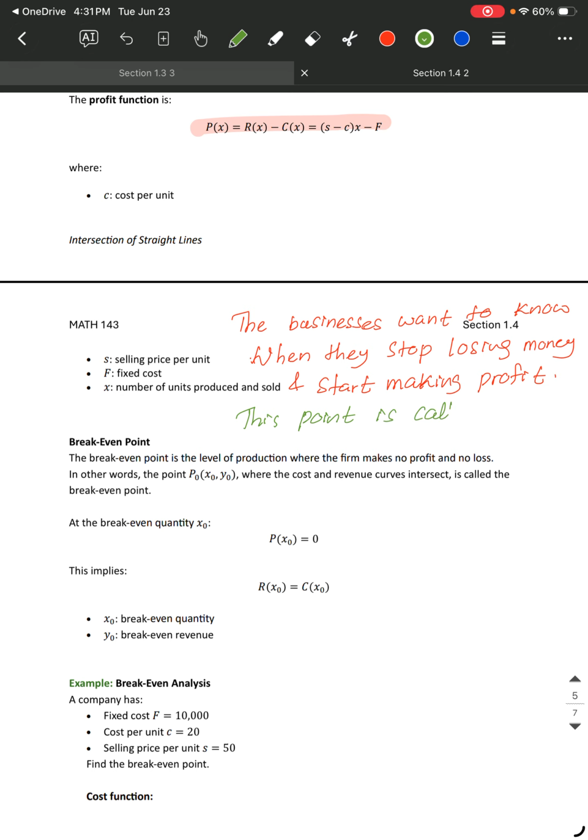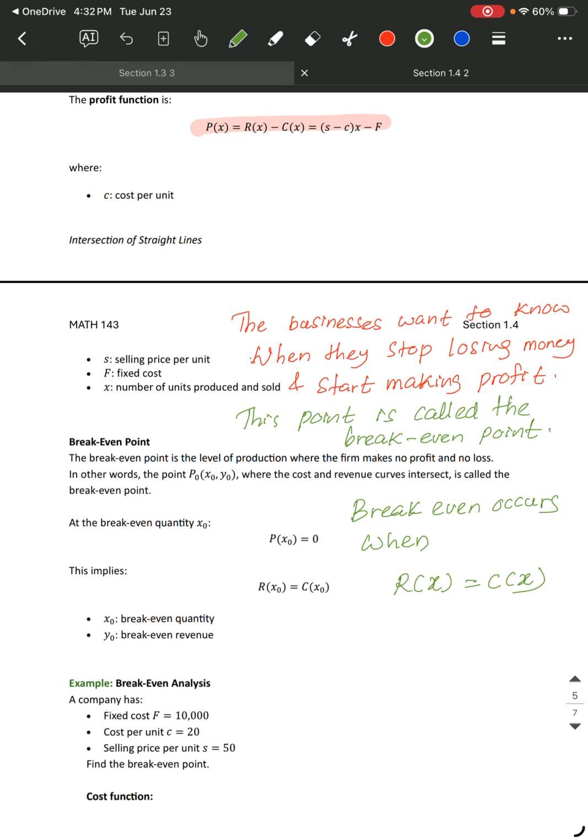That is, break-even occurs when the revenue function equals the cost function.